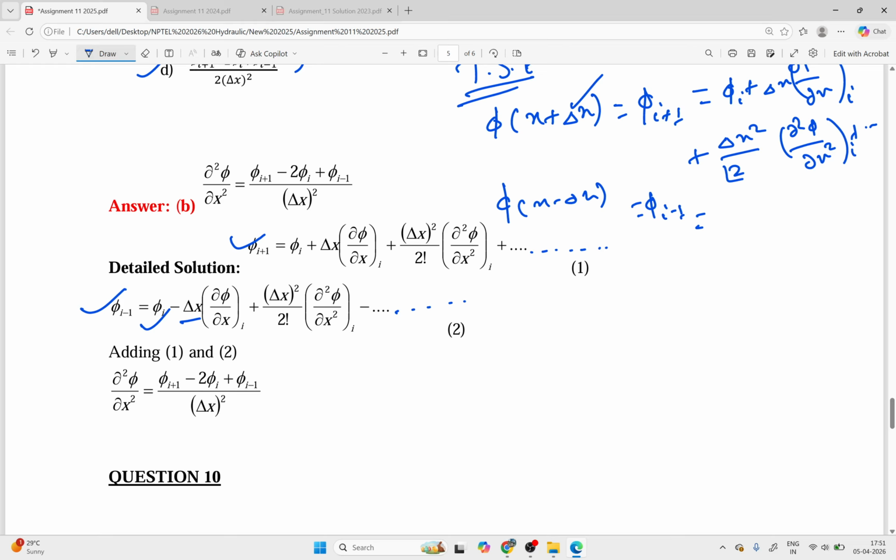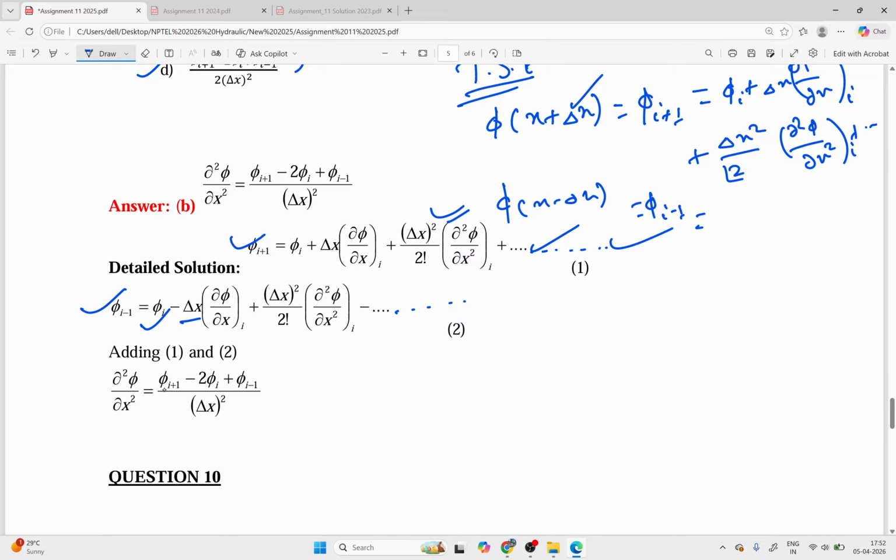The one question we were discussing, the least order for second order: you have to maintain the second order. After that the third order and fourth order will come, so the higher orders can be eliminated for approximation.